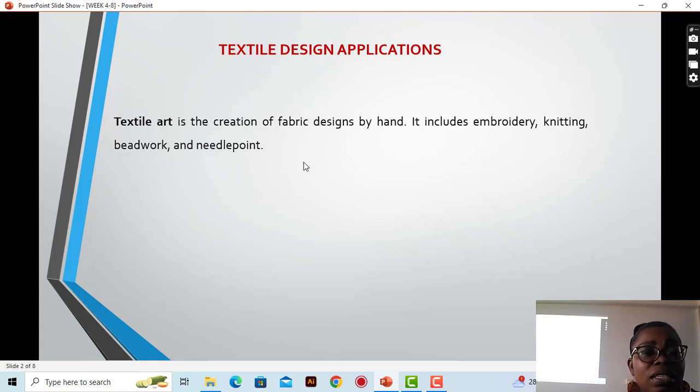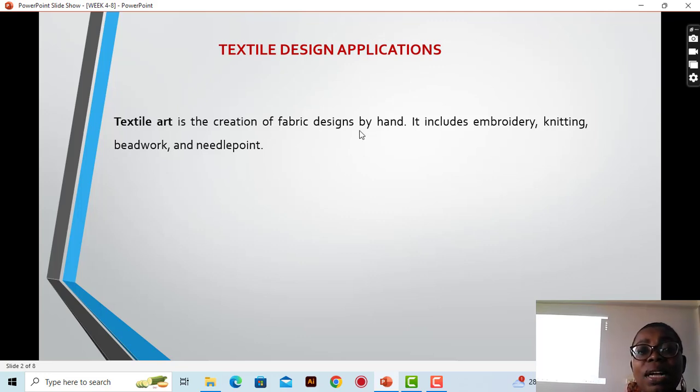So textile art is just the creation of fabric designs by hand. If we say fabric designs, what do we mean? Any design that you can make on fabric to give it value or beauty. Okay, additional value or beauty is called fabric design.